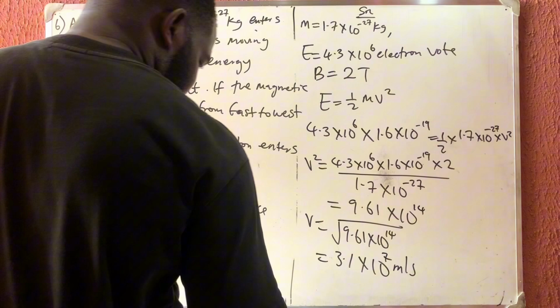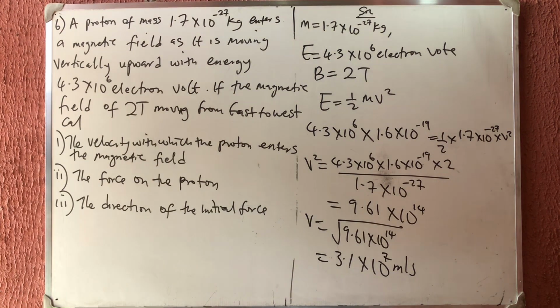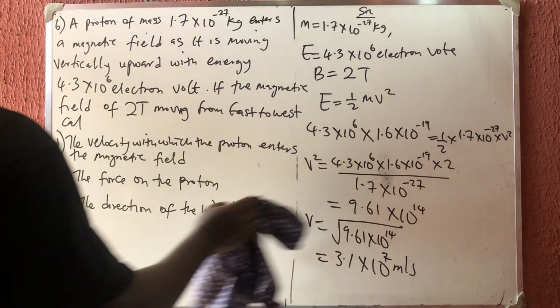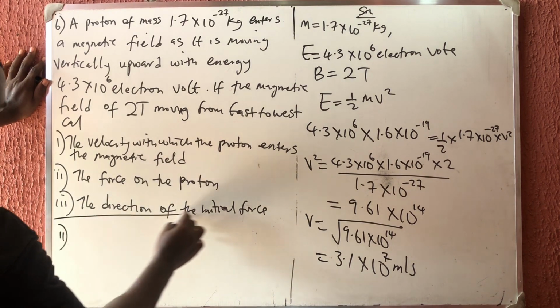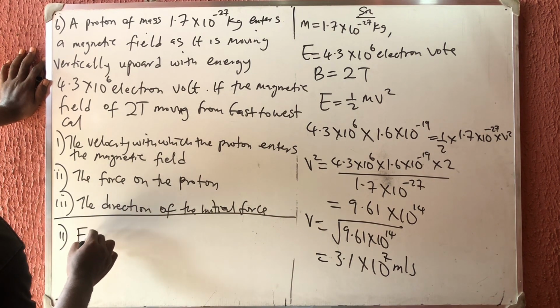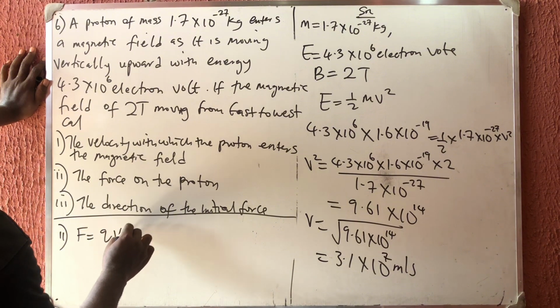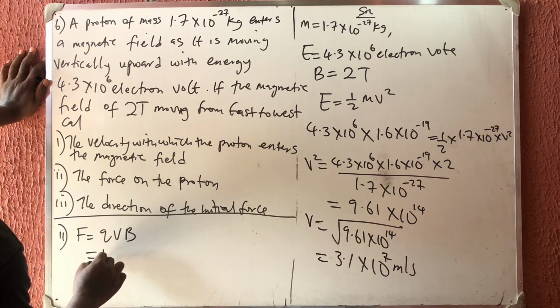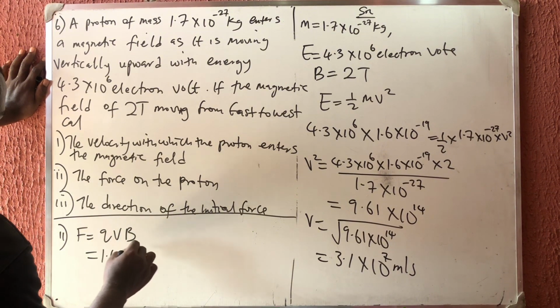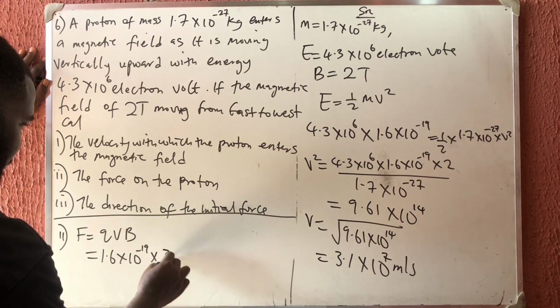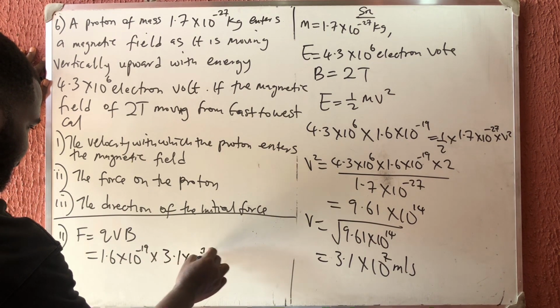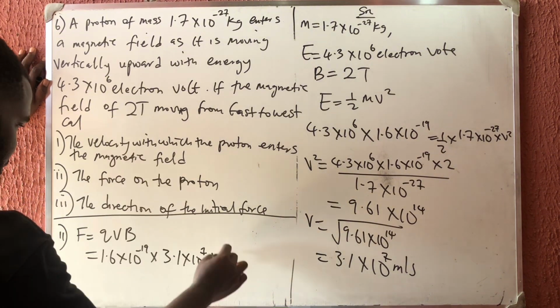Okay, so we'll go to the next question. They say we should find the force on the proton. The force on the proton, we know that F is equal to QVB, which is equal to my Q, 1.6 times 10 raised to the power minus 19, times my V. I've gotten the velocity as 3.1 times 10 raised to the power 7, times the B they gave us, which is 2.